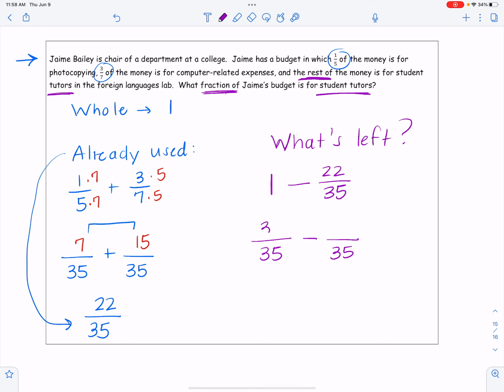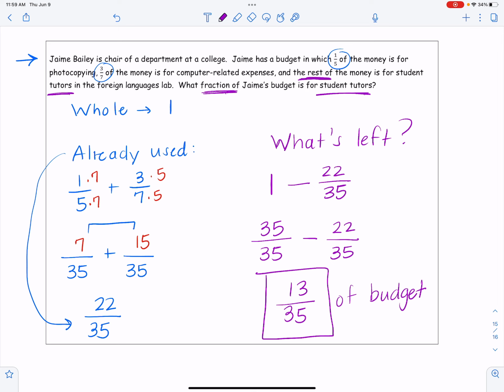So 1 with a denominator of 35 is just 35 over 35. We're going to need to subtract that 22 over 35 that's already been used. And so what we're left with here for the tutors is 13/35 of the budget.